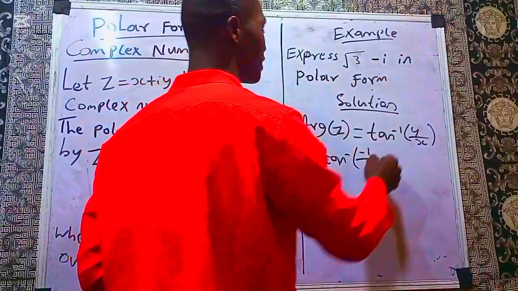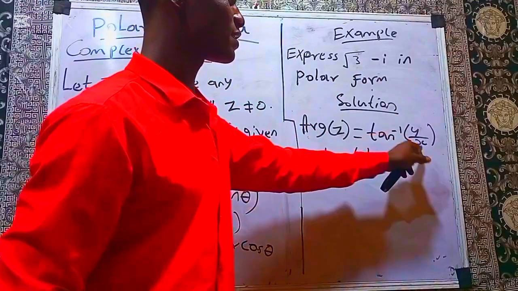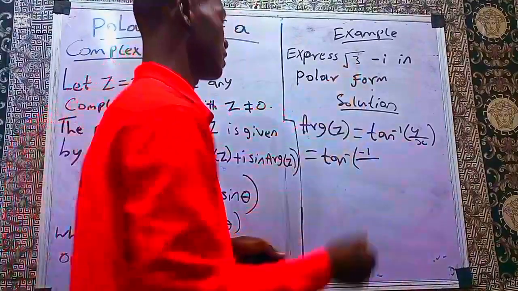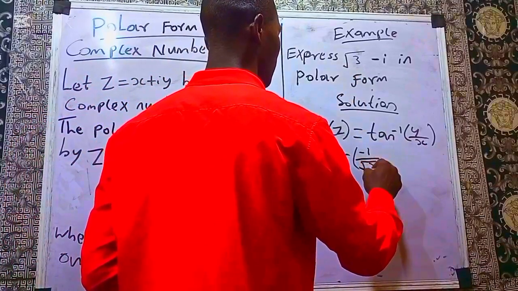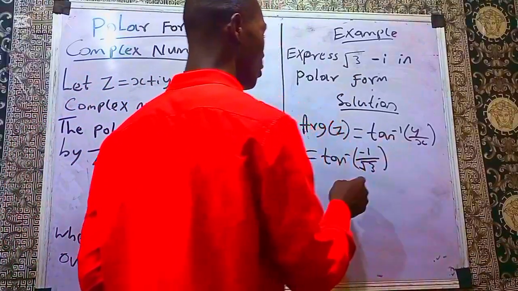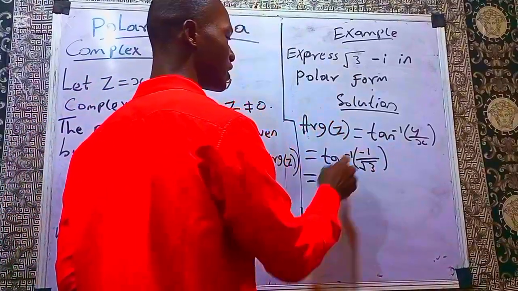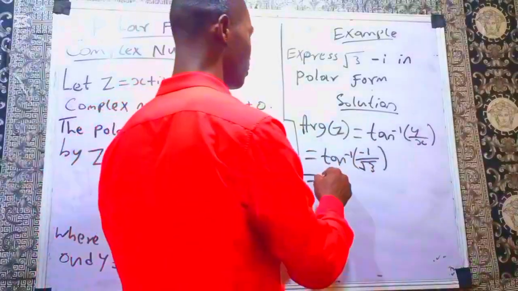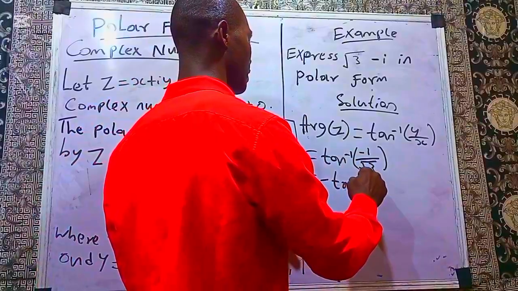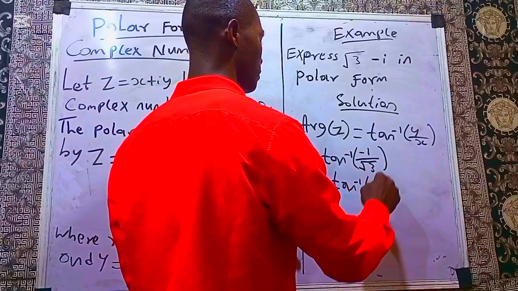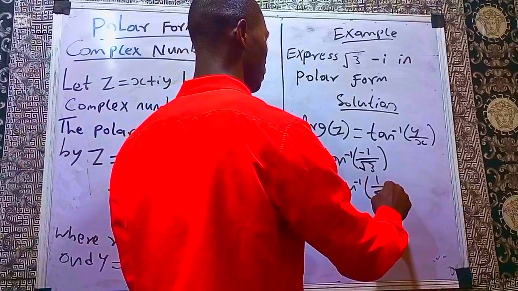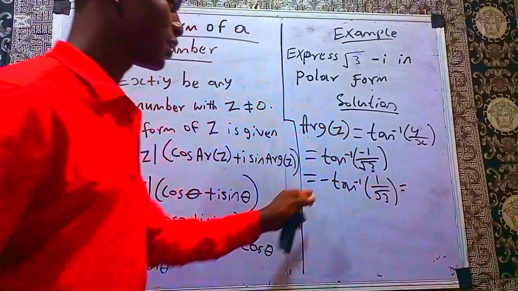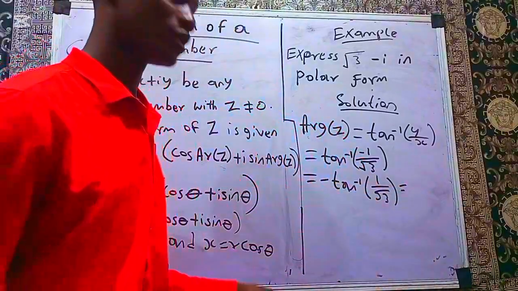Minus 1, divided by x. x is the real part. What's the real part here? Square root of 3. So we can bring this minus out, right? This will be minus tan inverse of 1 over root 3. But tan inverse of 1 over root 3 is what?